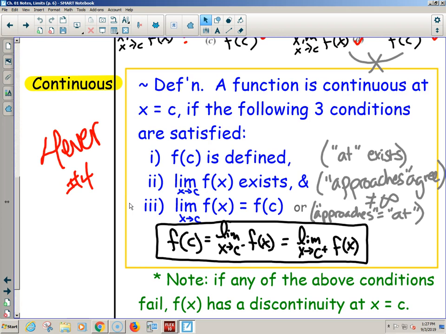Yeah, the at is there. Is condition number 2 true? Good, they're approaching the exact same height. So the limit exists. The at is there, the approach is there, but where would this type of function fail? Yeah, the third one, right? Because the at and the approach are not the same.